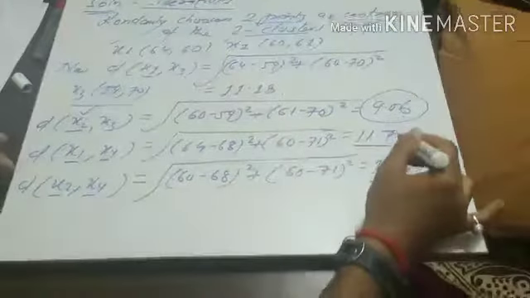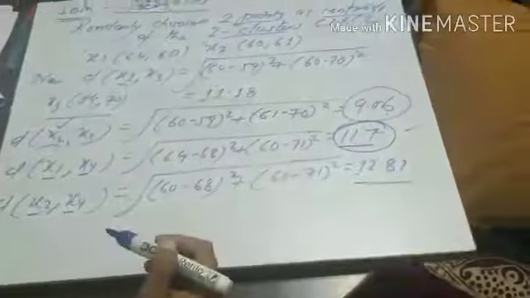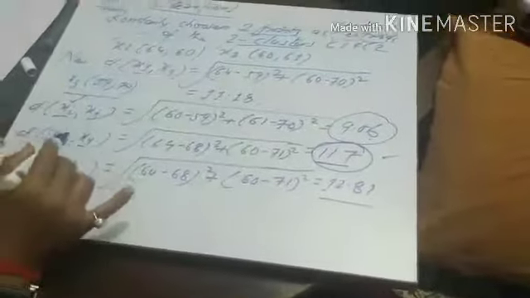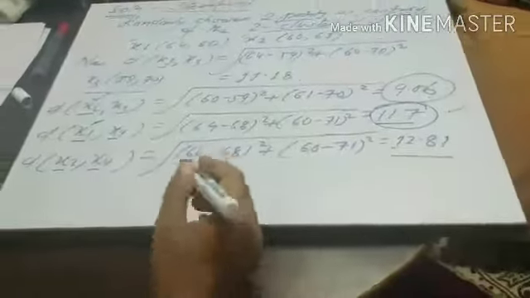In these two distances 11.7 is minimum, so x4 is nearer to x1. Okay.